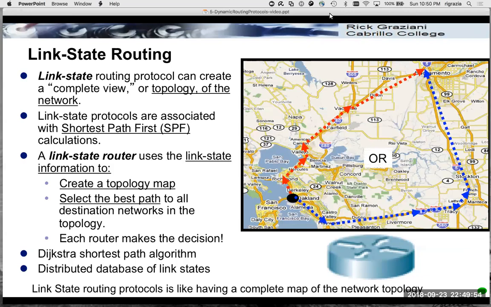Dijkstra's algorithm is the algorithm that's used for this. And it's very important that all the routers agree on what that path is, so you don't have one router thinking one way is better and another router thinking a different way, and that tends to lead to routing loops.